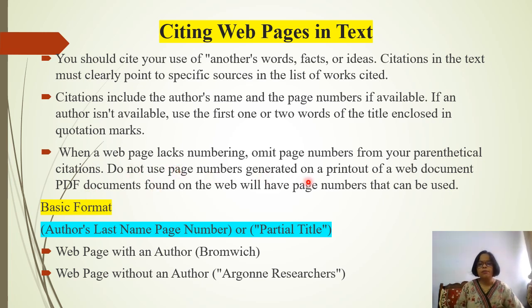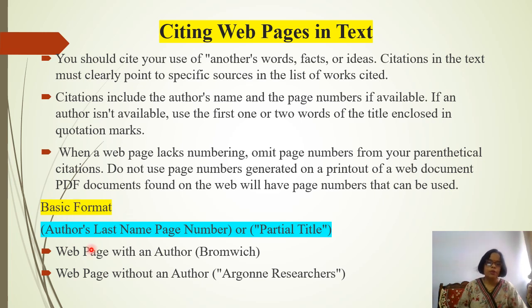Do not use page numbers generated on a printout of a web document. PDF documents found on the web will have page numbers that will be used. So whatever PDF document you have taken, you can use that number also, but you are not advised to use those page numbers which are generated on a printout of a web document.